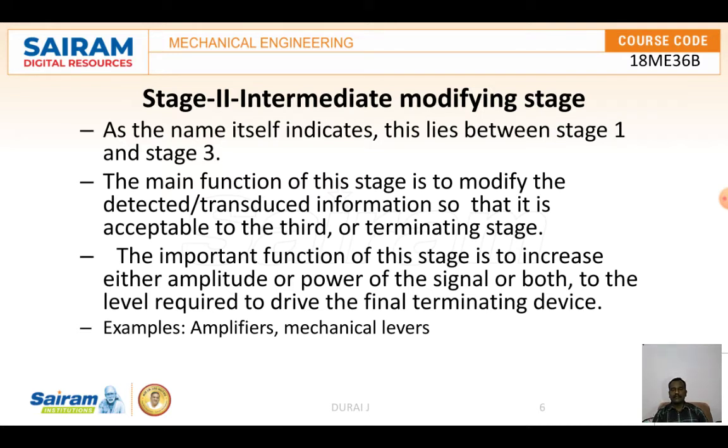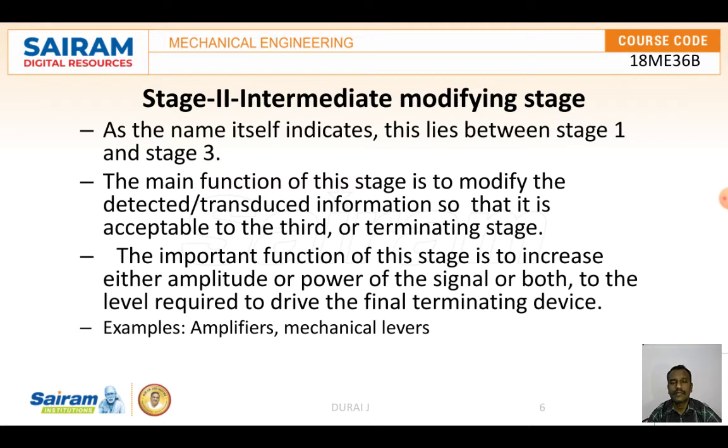The main function of this stage is to modify the detector transduced information so that it is acceptable to the third terminating device. Whatever input is detected from the input devices has to be changed into a readable form for output devices. For that, this intermediate modifying stage has to be used.